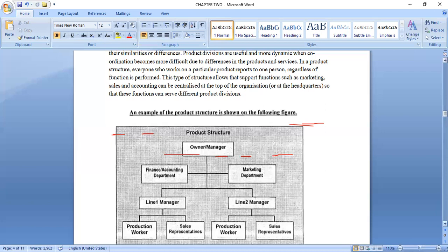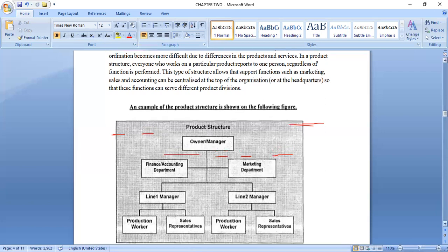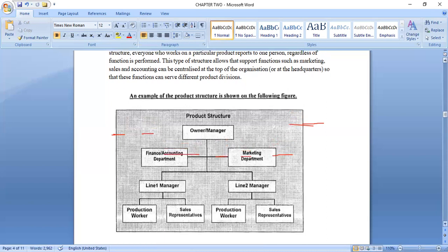The women's braids, right? So those are different products for the same company. So at the end of the day, each product is going to be managed by a different manager here, right? So that is in terms of product organization structure.